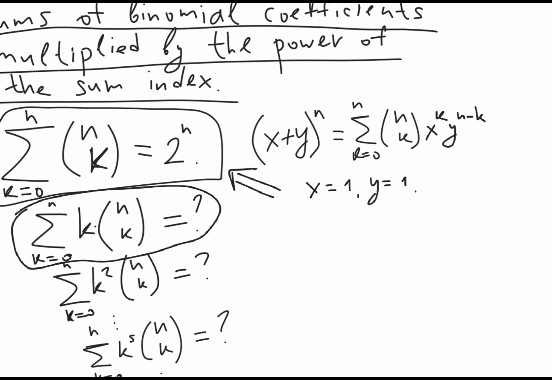If we set x and y to any other fixed values, we will never get this formula, so it's not straightforwardly analogous to the proof of the original formula. But we still will use this expansion.